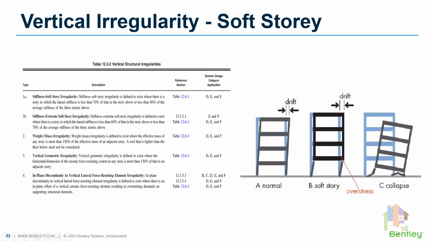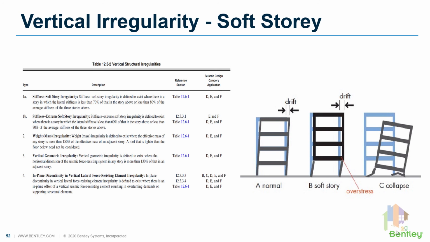Another major benefit of rigid diaphragm is we can check vertical irregularities like soft story, as suggested in clause 12.3.2 of the ASCE 7-16 code. If a building has a floor which is 70% less stiff than the floor above it, it is considered a soft story building.